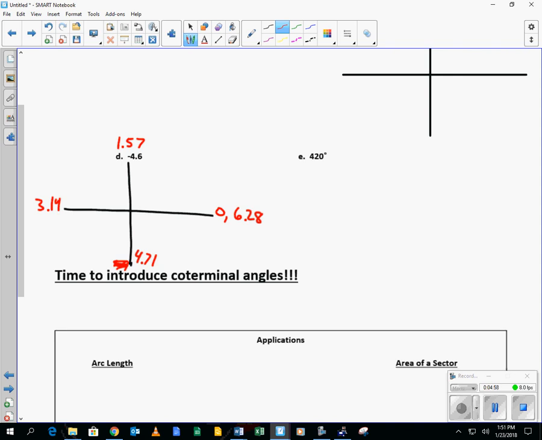So not all radians are expressed in terms of pi. Some of them are decimals. So suppose it was positive 4.6. Which quadrant would I end up in? The third quadrant, right about here, right? So if it was negative 4.6, which quadrant will I end up in? The second quadrant. Very good.